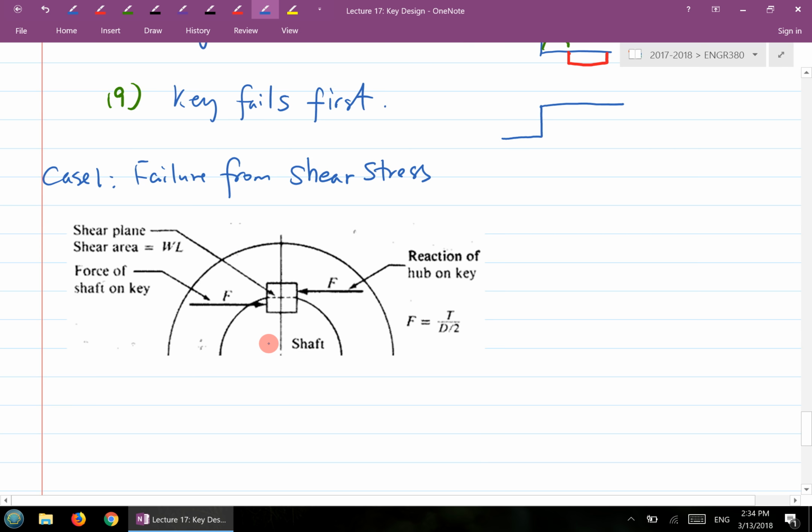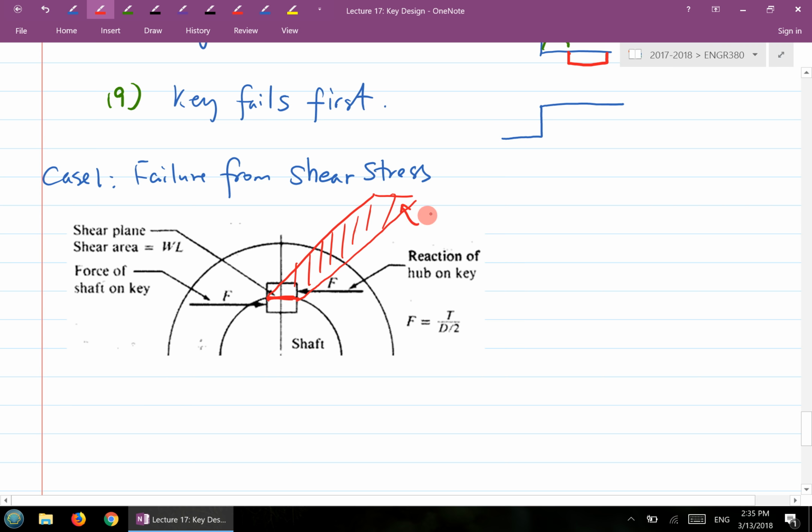As you can see, the key is being pushed and pressed between the shaft and the hub. In this particular case, what we're looking at is this cross section. If you imagine you cut a cross section right there, you get a rectangular cross section here.